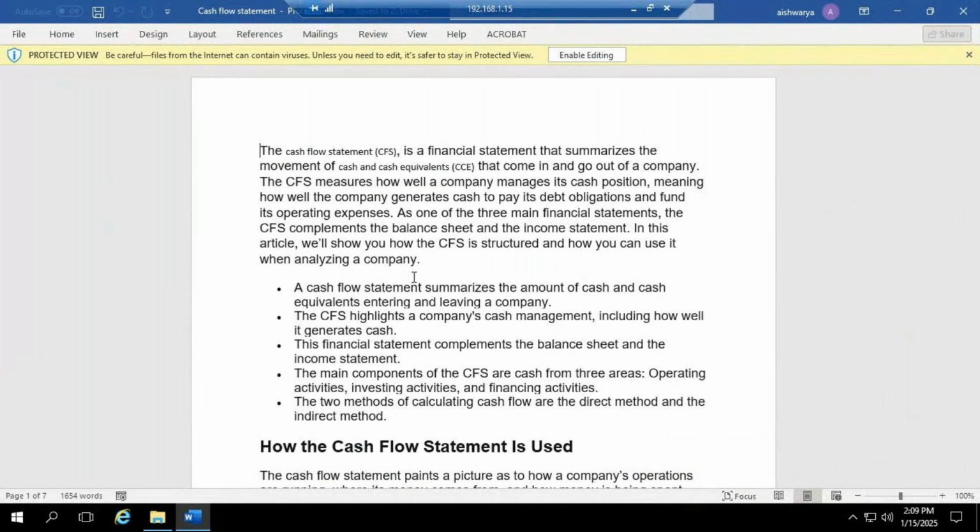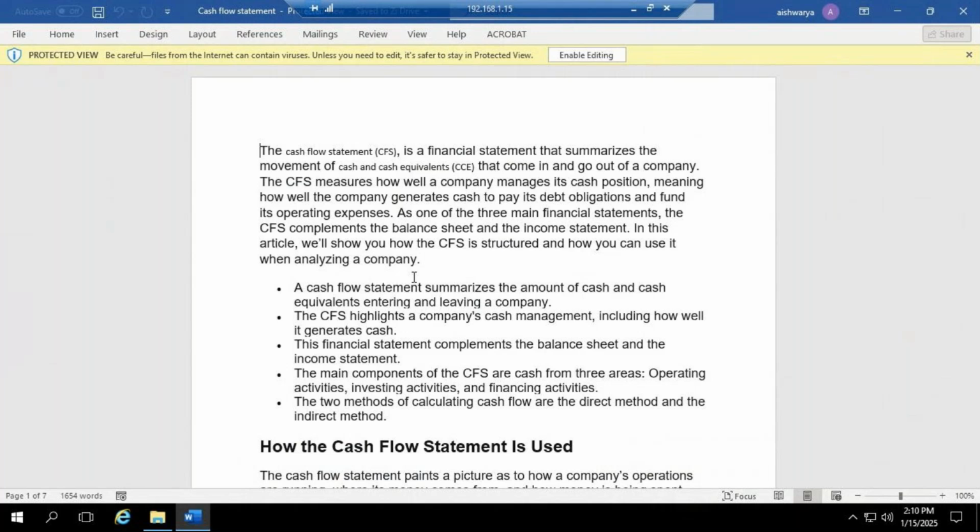The cash flow statement is a financial statement that summarizes the movement of cash and cash equivalents that come in and go out of a company. Whatever money is coming in should be in the form of cash only.